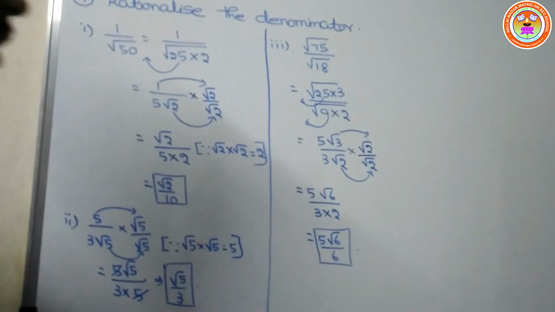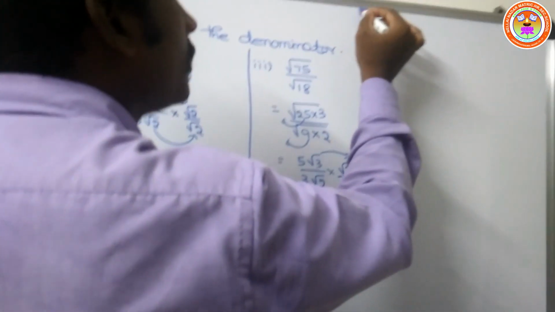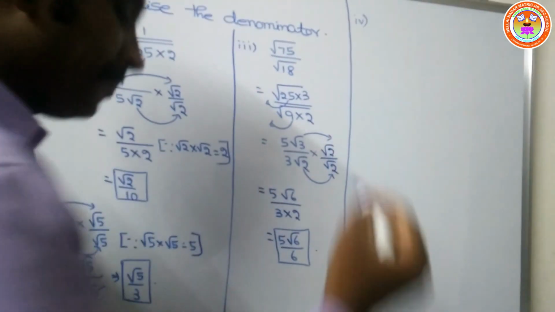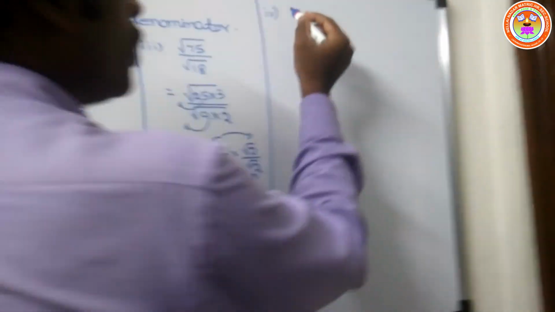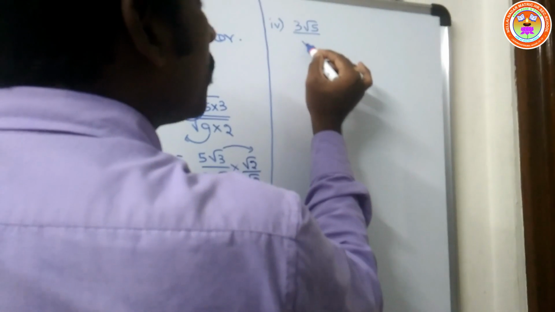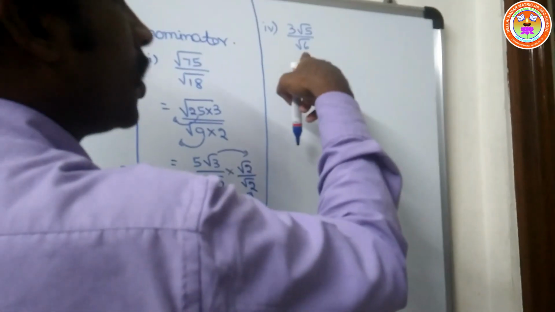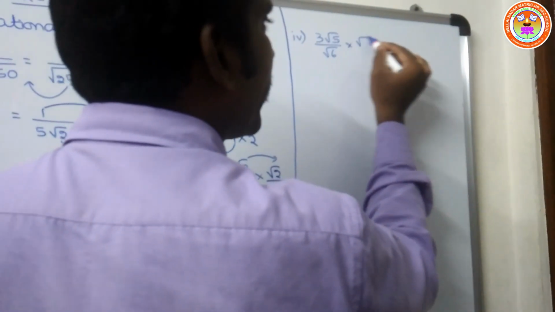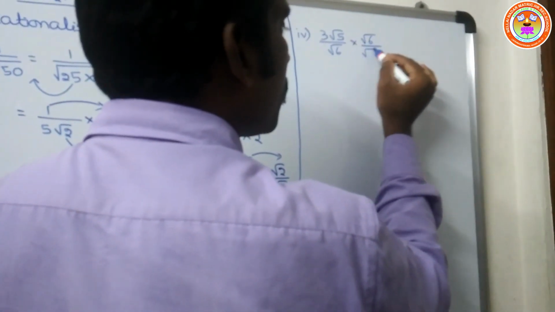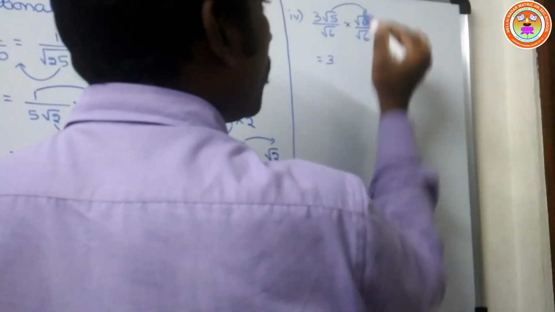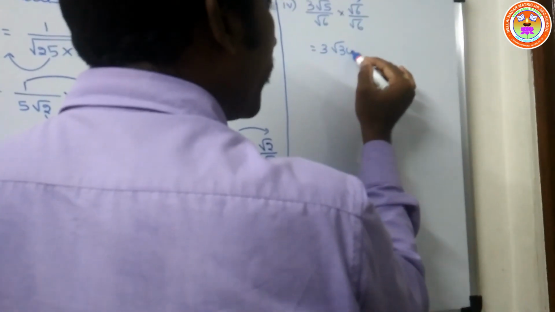Third sum over. Next I went to the fourth one. 3 root 5 divided by root 6. You are removing root 6, multiplying and dividing by root 6. 5 sixes are 30.